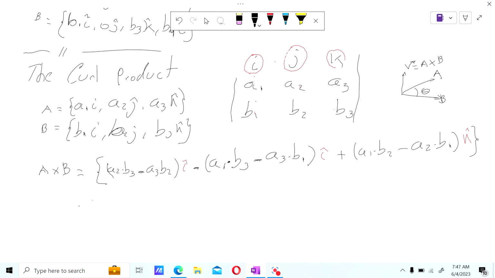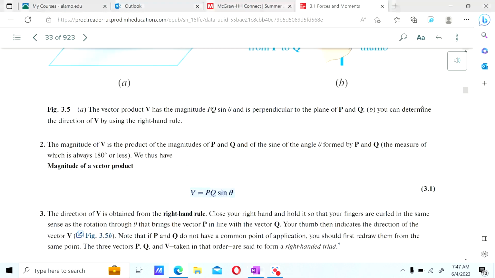If you know the angle, A cross B equals A times B times the sine of the angle. But sometimes it's not easy to know the angle.